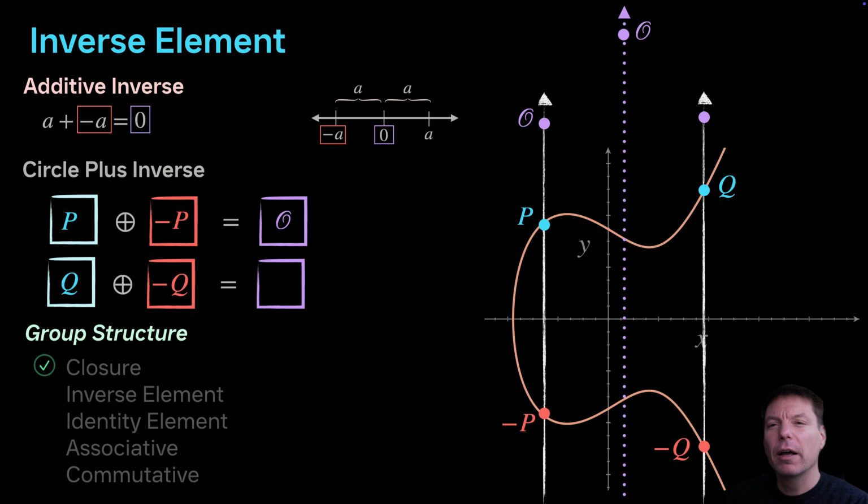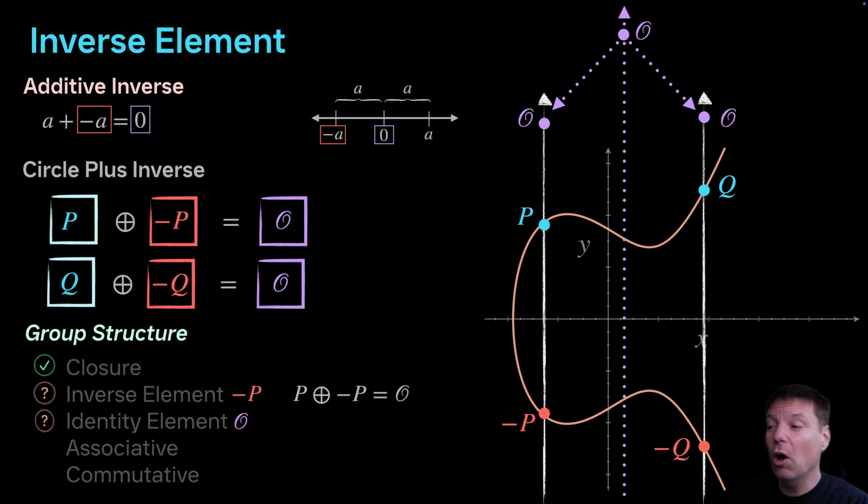Since these two lines are parallel, they should converge to this point O, meaning that I really have a strong contender for an identity element, because all these parallel vertical lines should intersect at this point O. All right, so at this point I have possibly negative p as my inverse element, but I'm really not sure this is true because I don't quite know if this point O is my identity element.